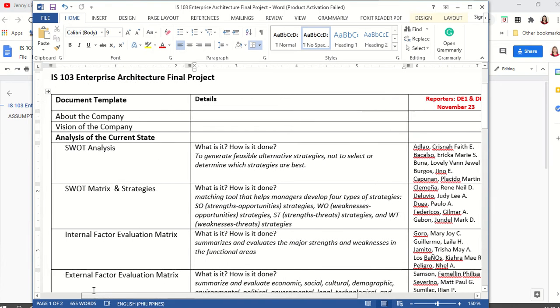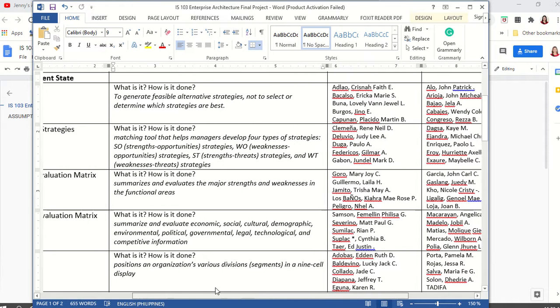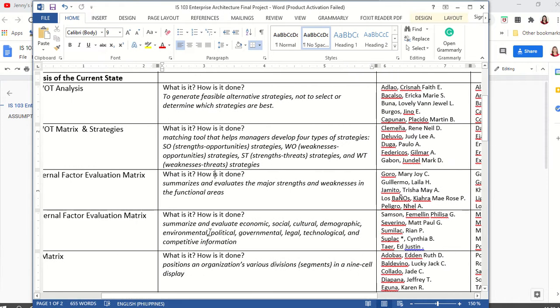For the external factor evaluation, we have the same set of reporters. The external one summarizes and evaluates the economic, social, cultural, demographic, and environmental factors, to name a few. It focuses on the external factors of the company.